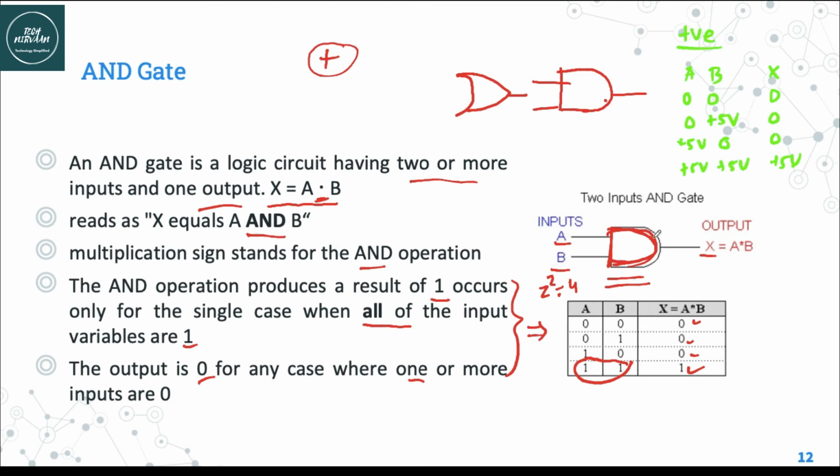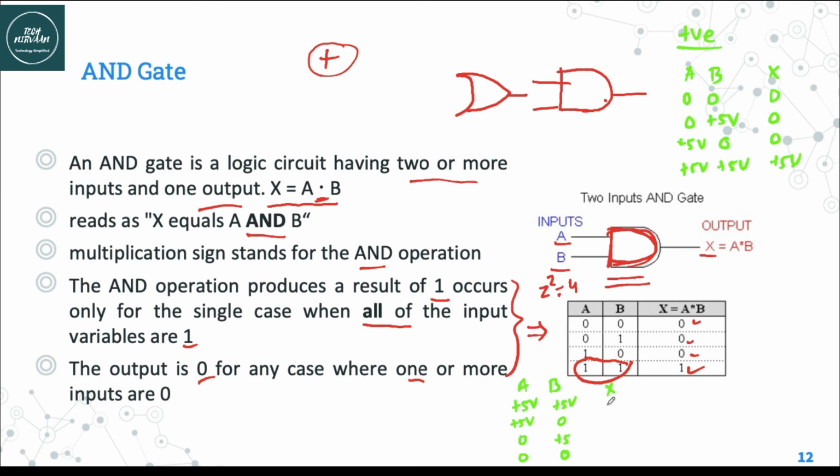In case of negative logic system, what will happen? A, B, and X. In case of negative logic system, we have logic 0 as plus 5 volt, logic 1 as 0 volt, 0 volt, plus 5 volt, 0 volt, and 0 volt.